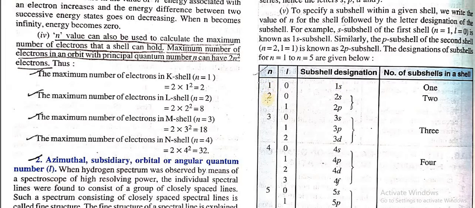Similarly, when n equals 2, the value for l is 0 to n minus 1, so we can have two values, 0 and 1. For 0, as we know, l equals 0 means s orbital. Since the principal quantum number is 2, it becomes 2s. And l equals 1 is the p orbital, so it becomes 2p. Similarly, when n equals 3, it will be 0, 1, 2. This will be s, p and d. Like that it goes on.